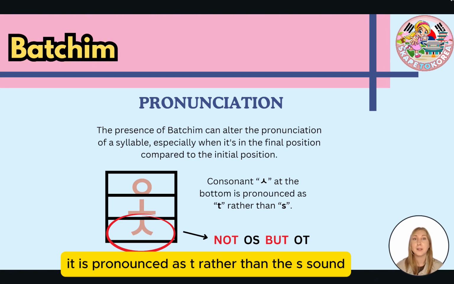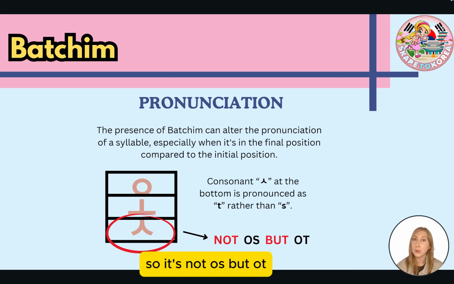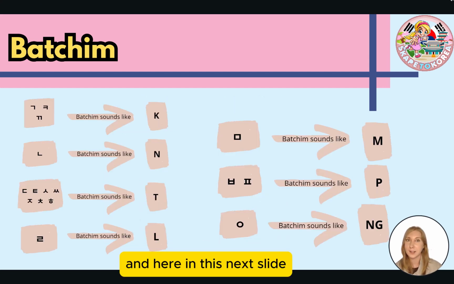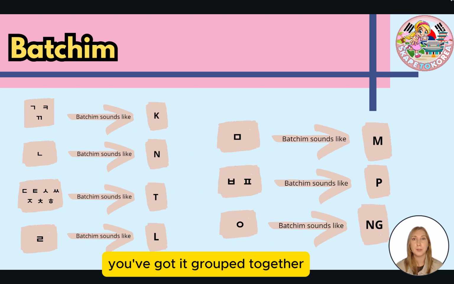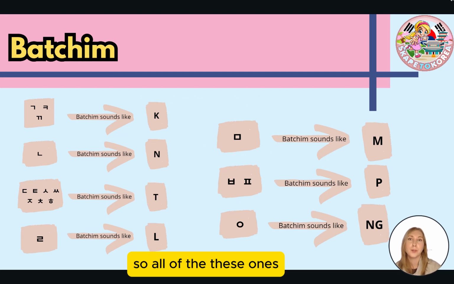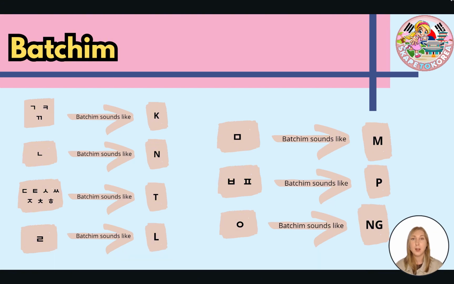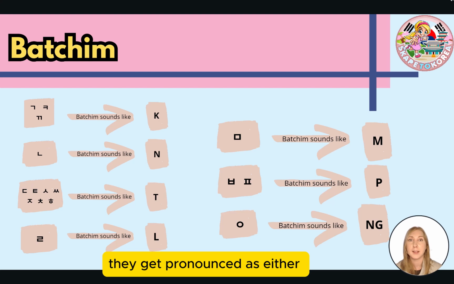It is pronounced as the t sound rather than s sound. So it's not os, but ot. And here in this next slide, you've got it grouped together. All of these, when they are in the final position at the bottom, get pronounced as either k or n or t.